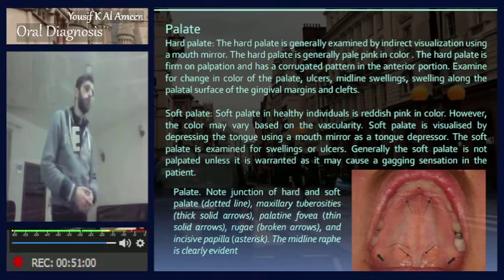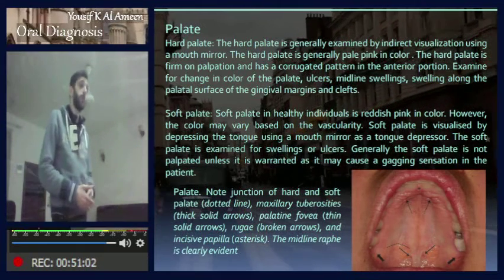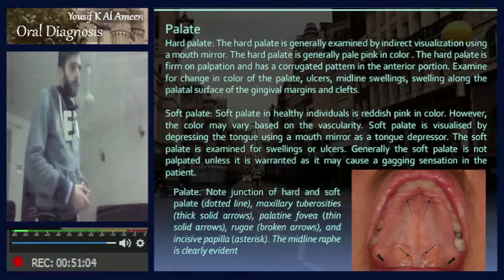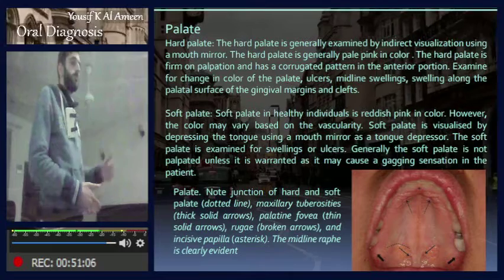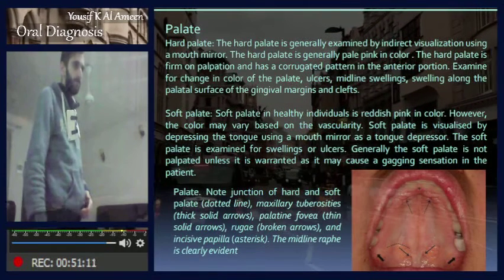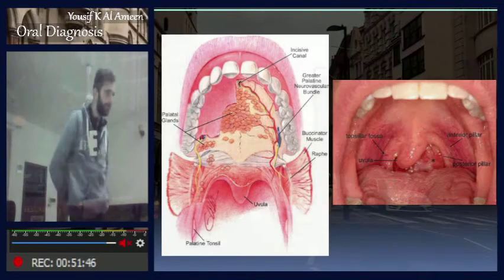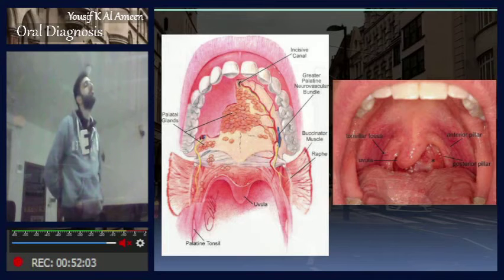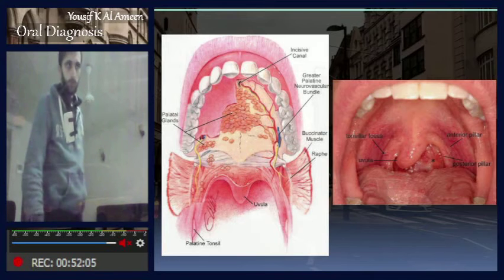Rugae is a broken arrow at the beginning of the palate. And we have an incisive papilla.